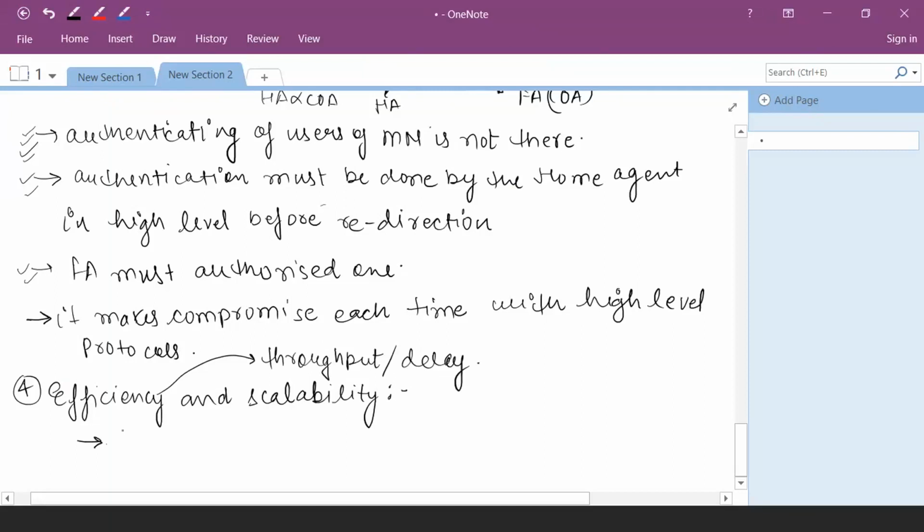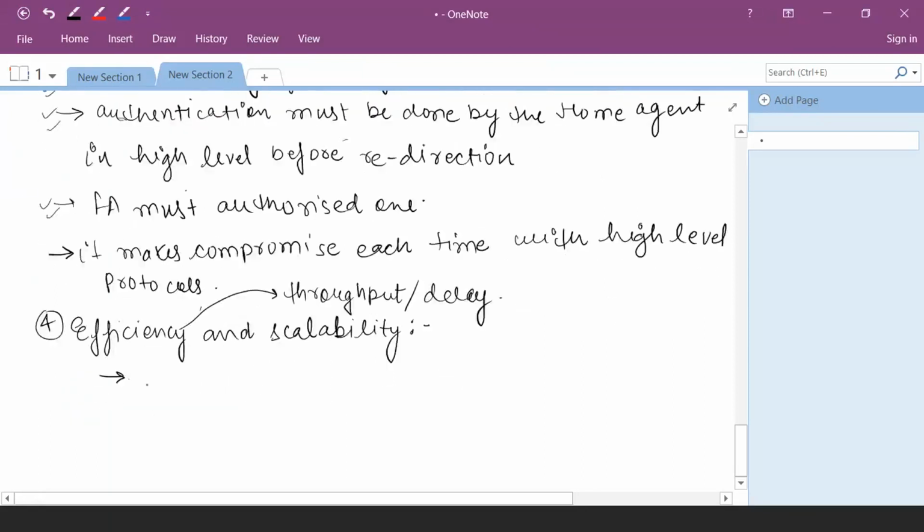So when there is an upgradation like authentication and authorization, and it makes a compromise with the hierarchical protocol, if a certain research has been done by a particular person, then upgradation is necessary in that case. If there is an upgradation, then the efficiency of the network must remain the same or greater. It should not be decreased. That should be the first concern.